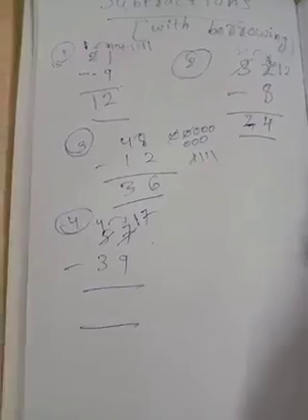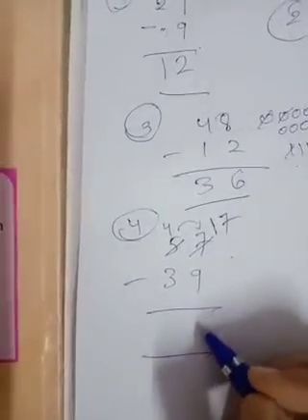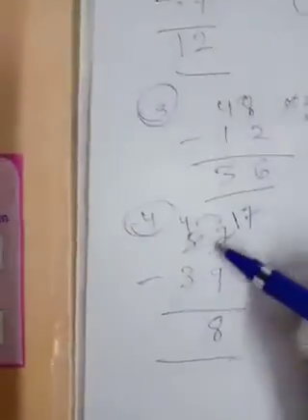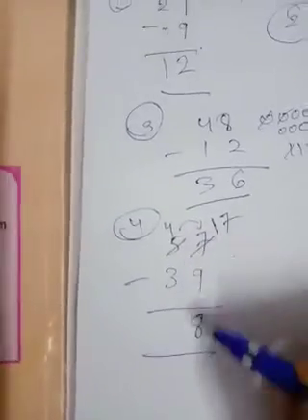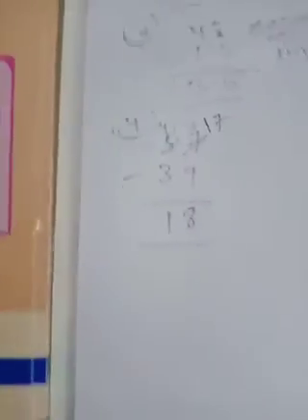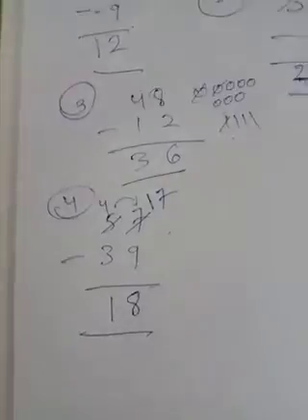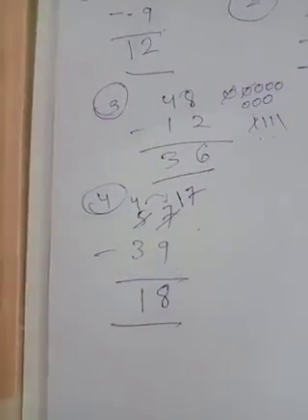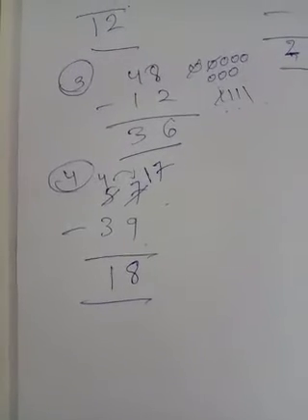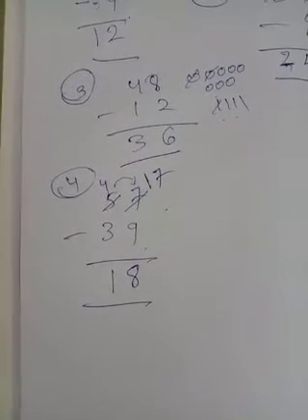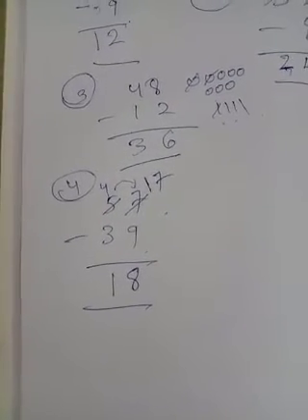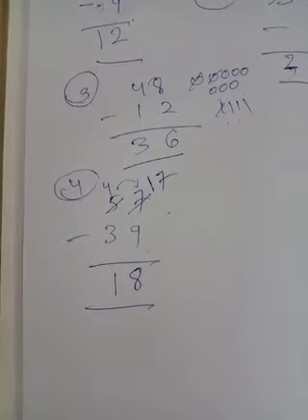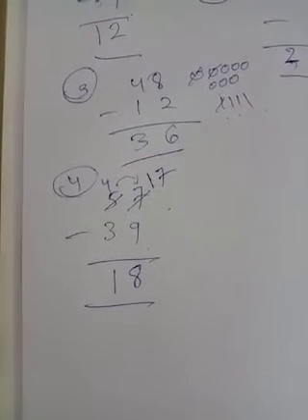So 8. Then 4 minus 3 is 1. 57 minus 39 equals 18. Is it correct or wrong? Check it once, children.